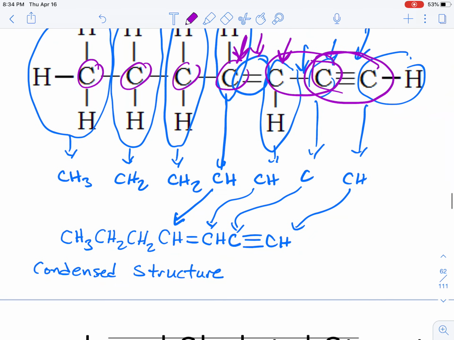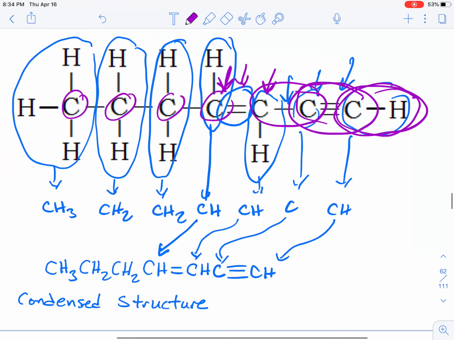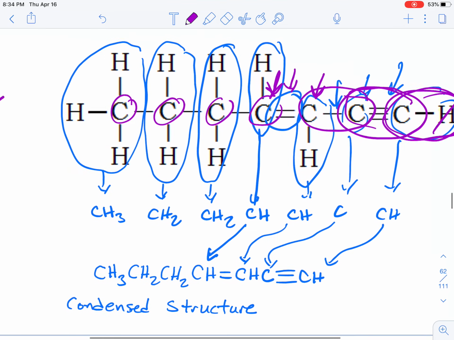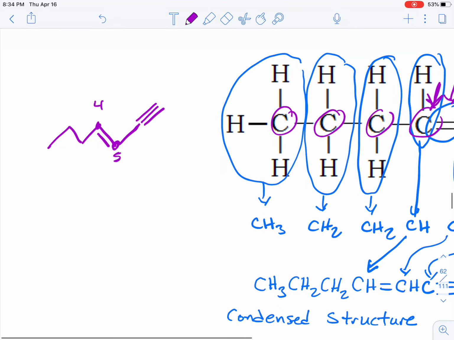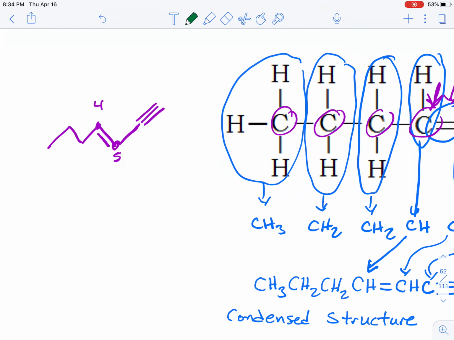And since the last is a carbon hydrogen, remember that we're ignoring the hydrogen, so we simply leave it as is. Okay? And so if I'm going to mark my carbons, I have 1, 2, 3, 4, 5, 6, 7. Okay? So don't forget that the end of a triple bond also contains a carbon.